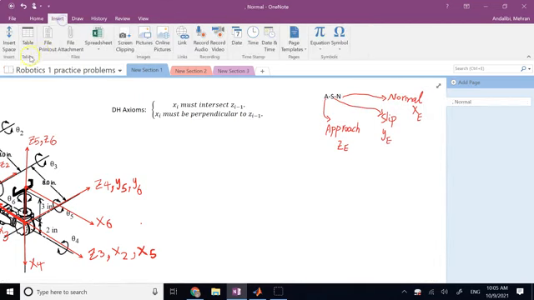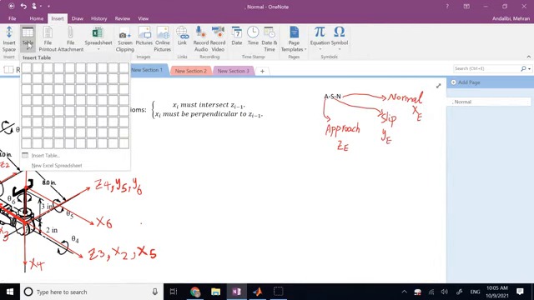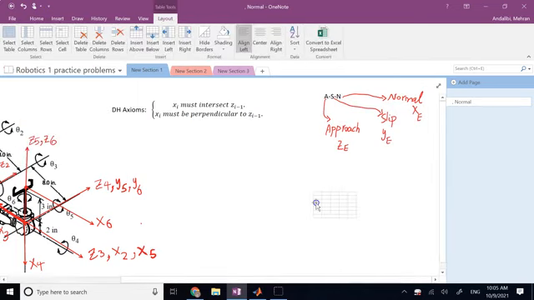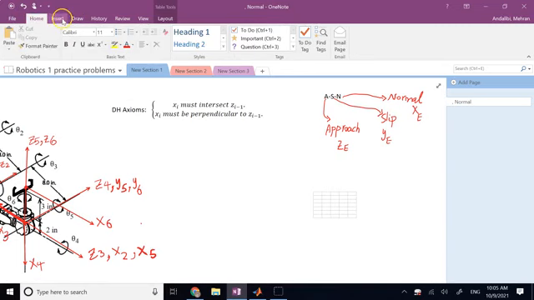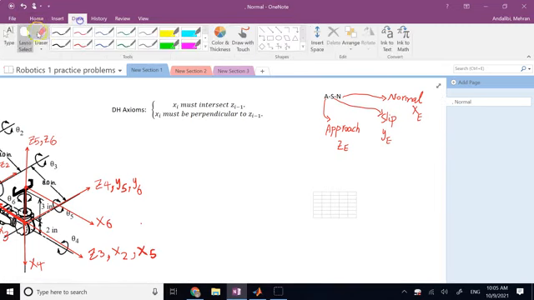So insert a table, and I need a 5x7 like this, right? And then this table I can resize. Okay, so this is going to be my table, and I can resize anything in it.